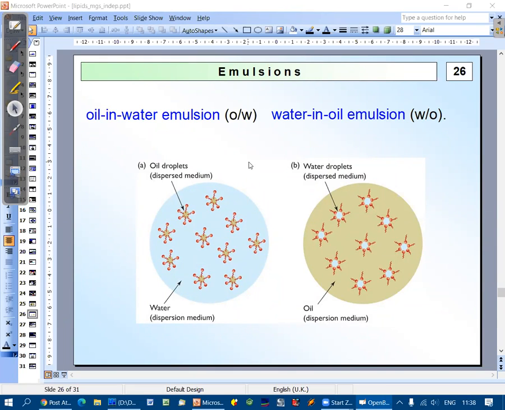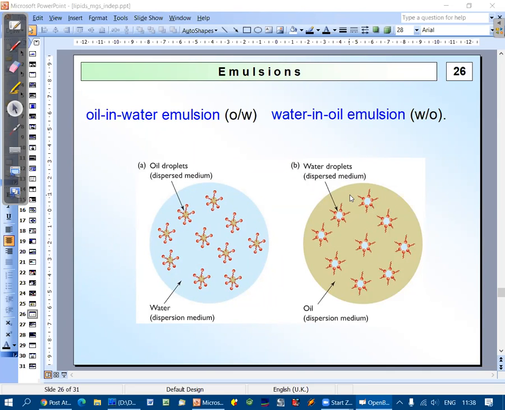Two types of emulsions exist. The first is called oil in water emulsion, in which the disperse phase is oil, droplets of oil, and continuous phase is water. The reverse emulsion, or water in oil, droplets of water and continuous phase here is oil.